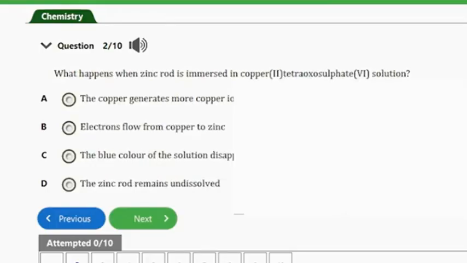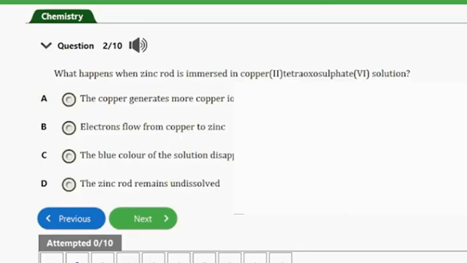So let's consider the next question. Question number 2, it says, what happens when zinc rod is immersed in copper 2 tetraoxosulfate 6 solution? A. The copper generates more copper ions. B. Electrons flow from copper to zinc. C. The blue color of the solution disappears. D. The zinc rod remains undissolved.